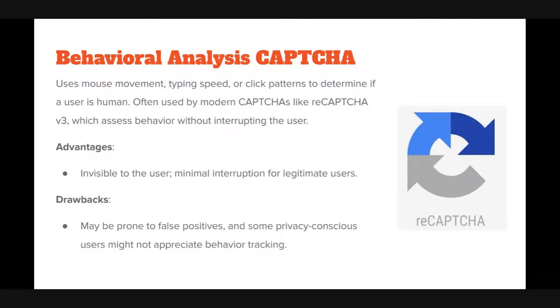So similar to honeypot captcha, it is invisible to the user, and it has minimal interruption for legitimate users. But as a drawback, it may be prone to false positives, and some privacy-conscious users might not appreciate the behavior tracking because, yeah, it's Google.